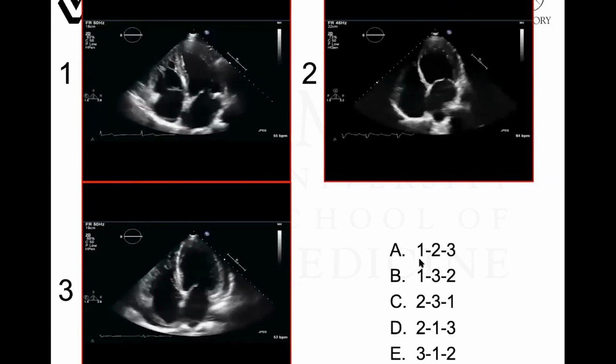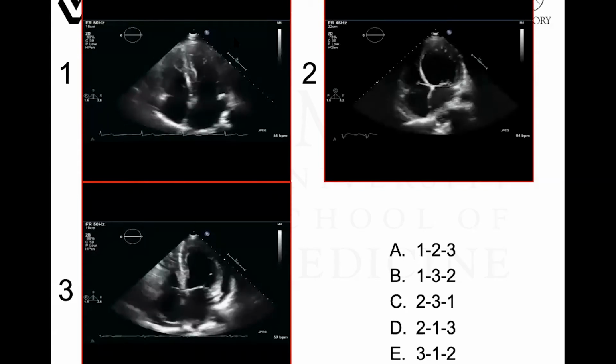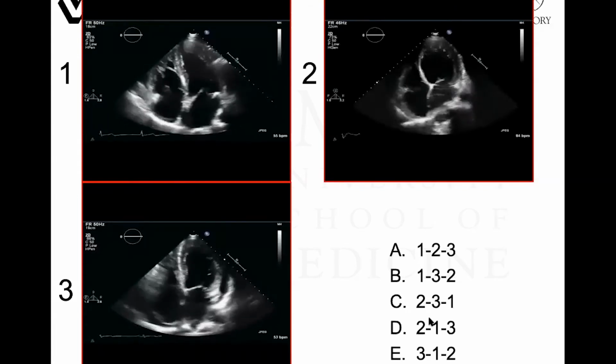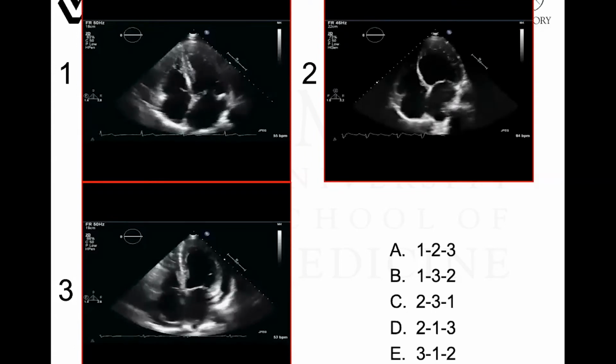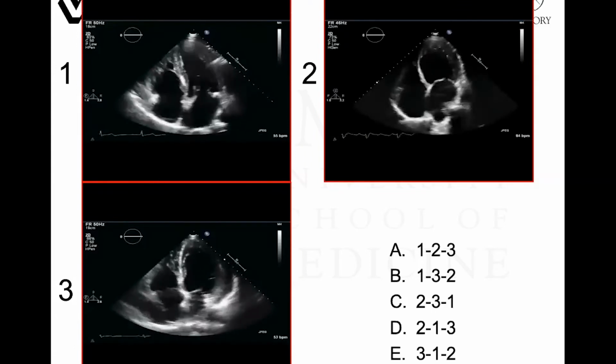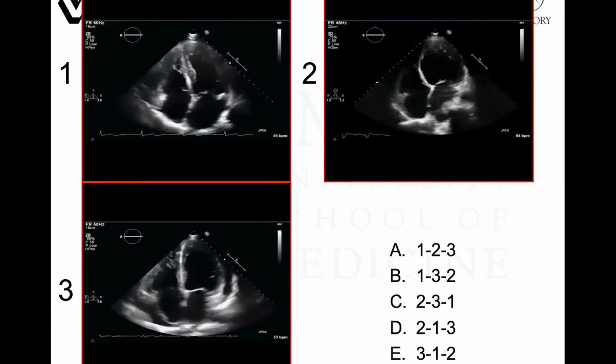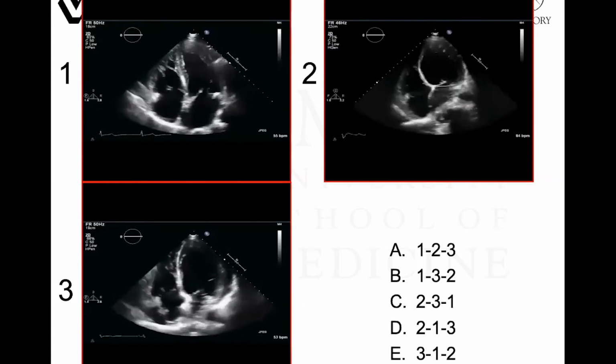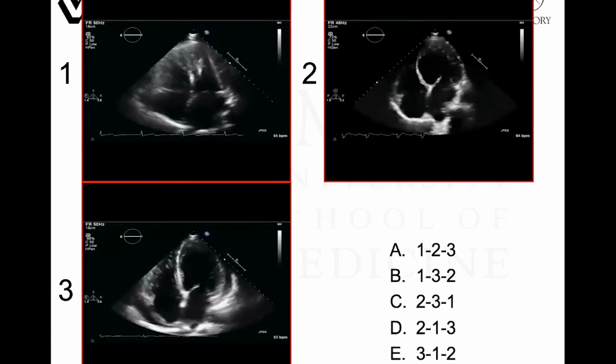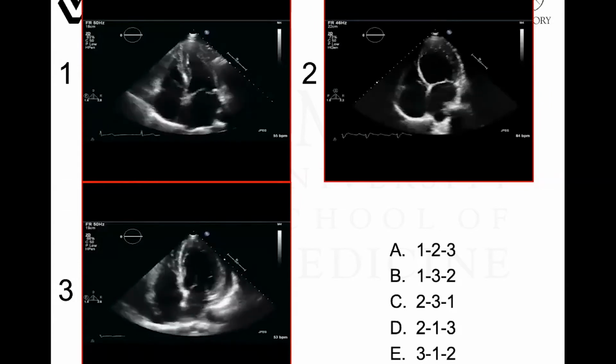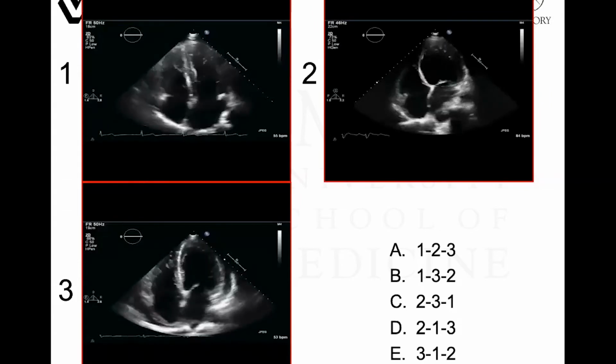Good morning, sir. Please arrange the following echoes in the order of increasing LV systolic function from lowest to highest. Lowest to highest. 2, 3, 1. Is there an option C? Yes, there is an option C. You're correct.